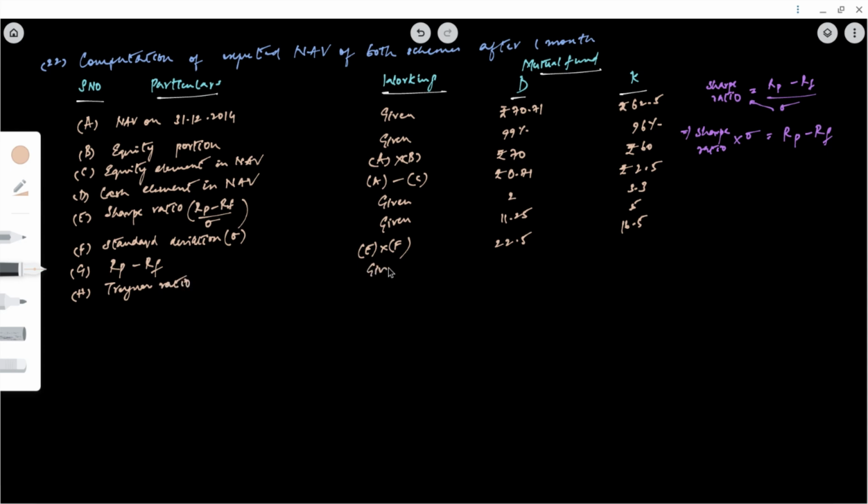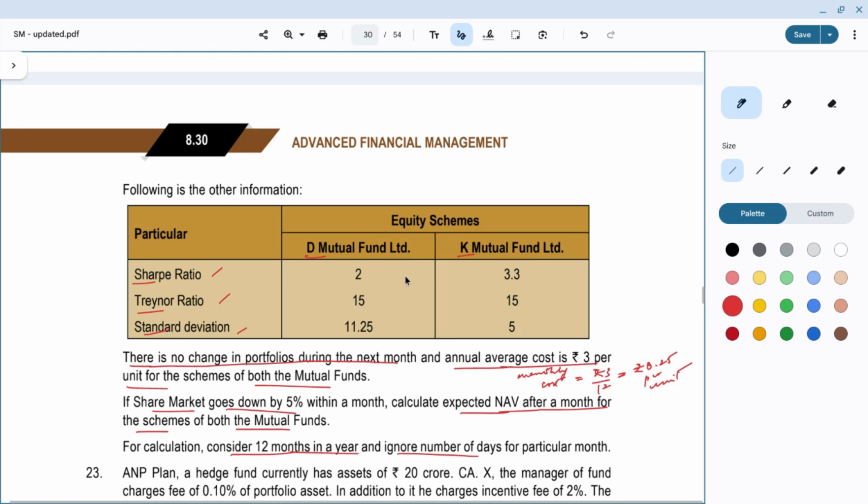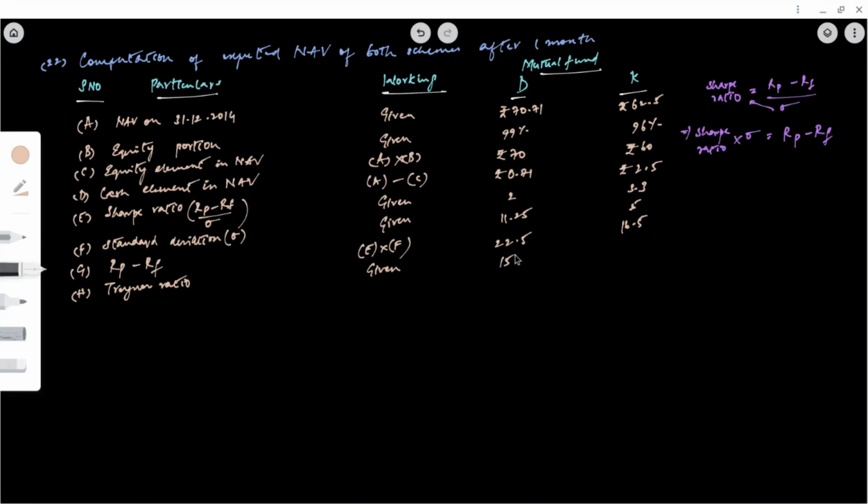Now we have Treynor ratio. This is also given. It is 15 and 15. Okay, 15 in both places. Now Treynor ratio is Rp minus Rf by beta.